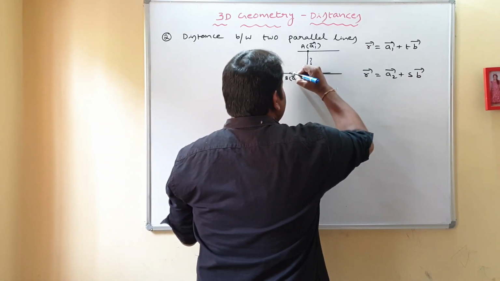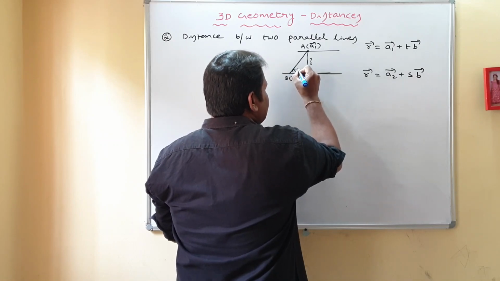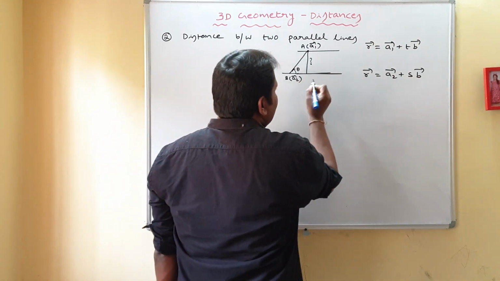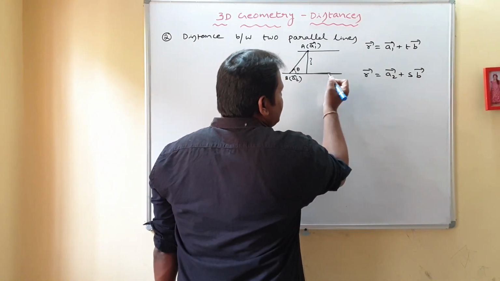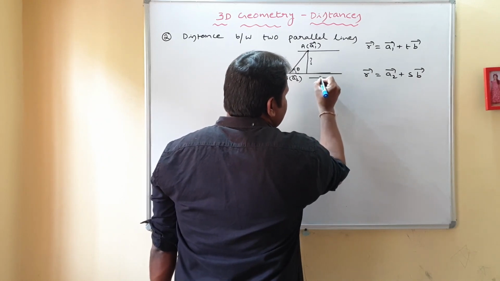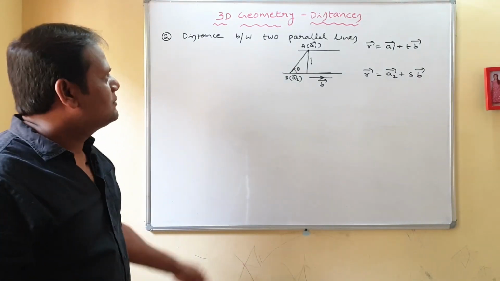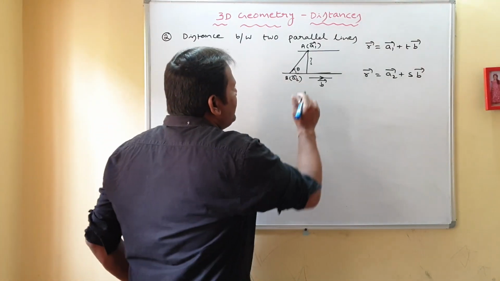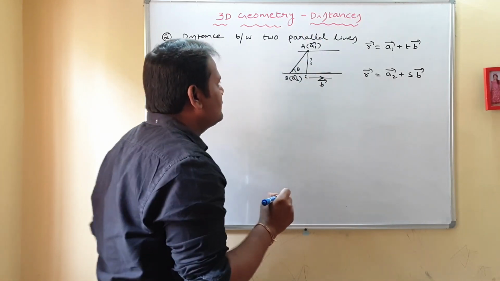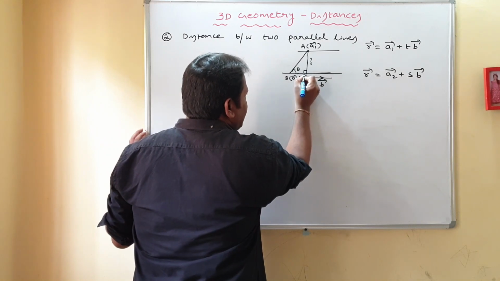Join A and B. That is this. Suppose I am taking this angle theta between them. And also you know the DRs of this line, that is b bar. So the vector along this line is b bar vector. See here, we want this AC perpendicular, the distance we want. So you take sine theta. Now here it is a right angle triangle.